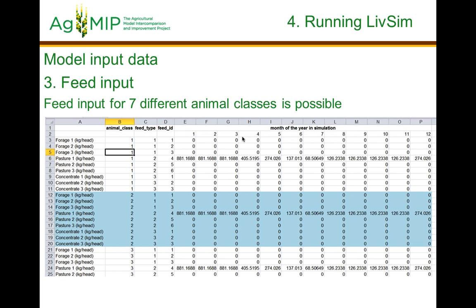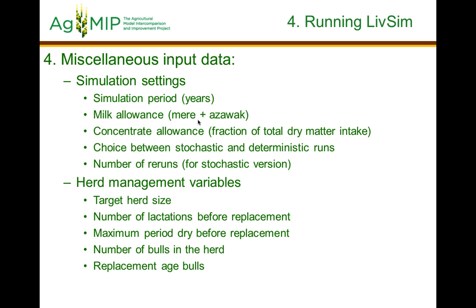But in total, you can specify this for 7 different animal classes, and here you get then the months of the year. So here we're just looking at pasture input data, and you can clearly see a seasonal trend. In January up to April, let's say, there's plenty of feed available, and then it goes down into the dry season.